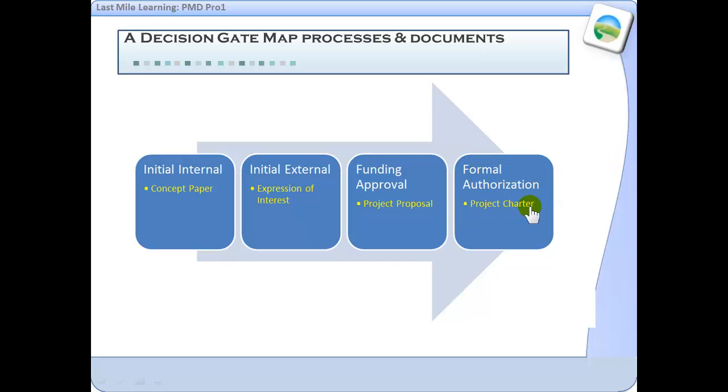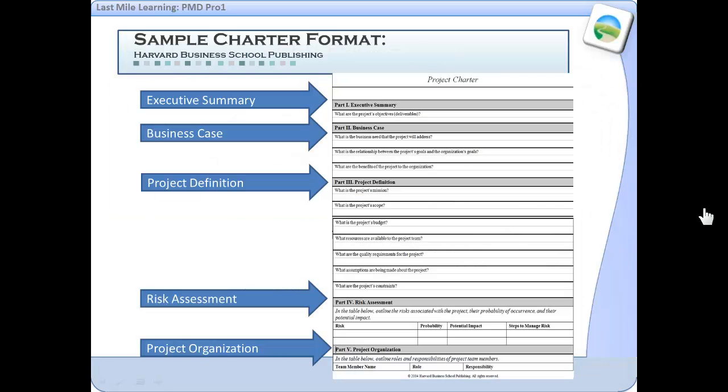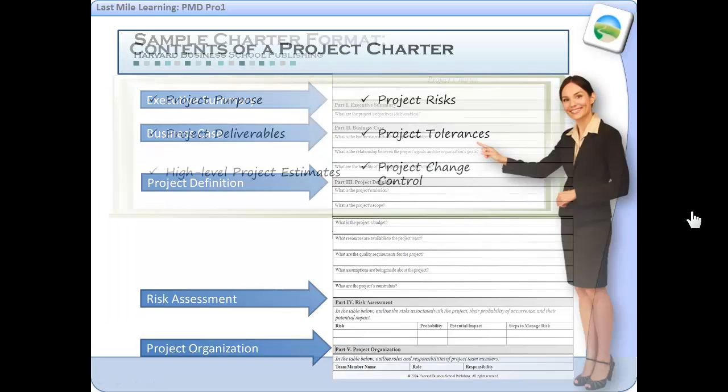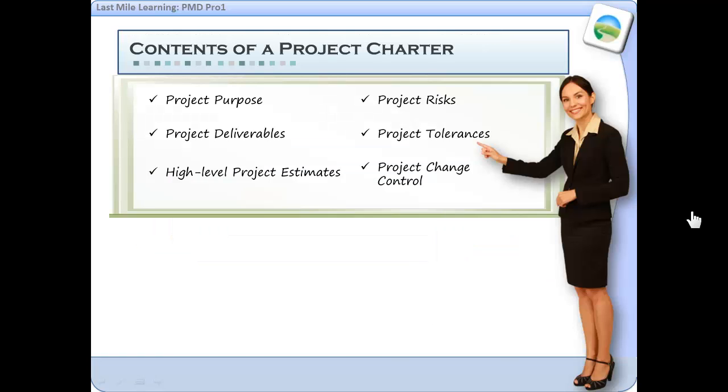So a project charter is the formal authorization. And I want to spend some time on the project charter because you may not have gotten all that you need to make sure that you understand the distinctives of it. Sorry, I'll get on the right slide here.